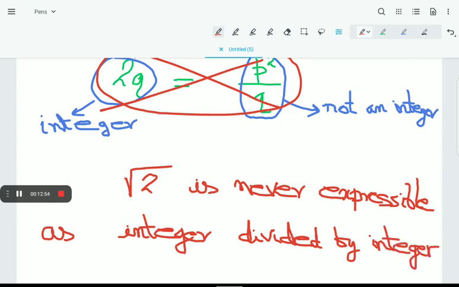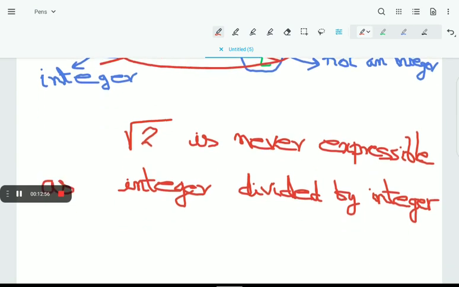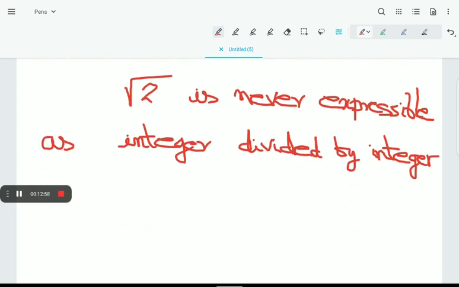So we are able to get a number which is never expressible as an integer divided by an integer.